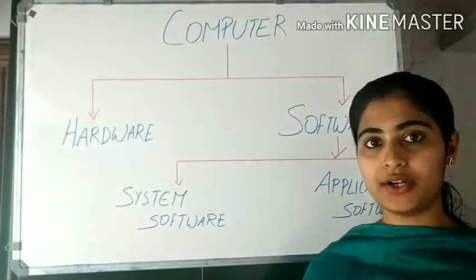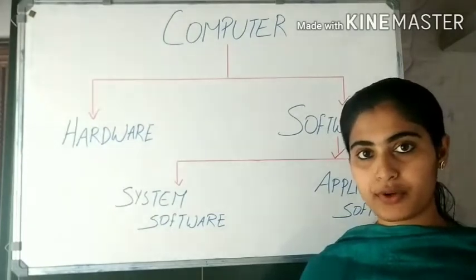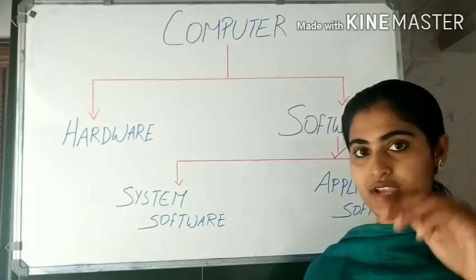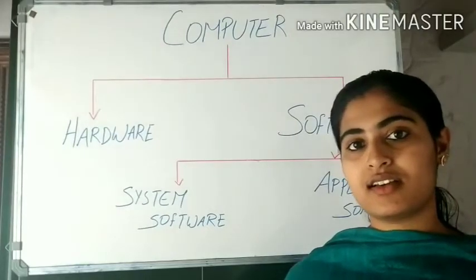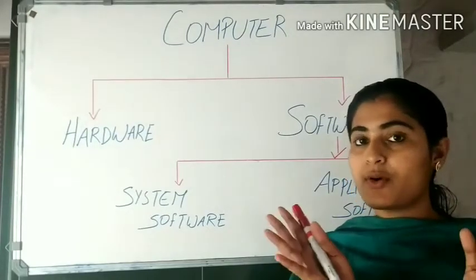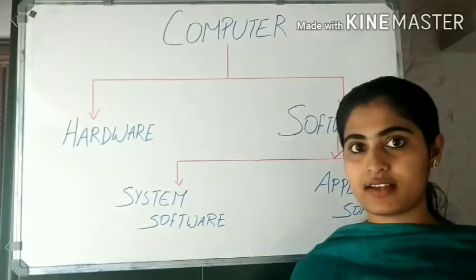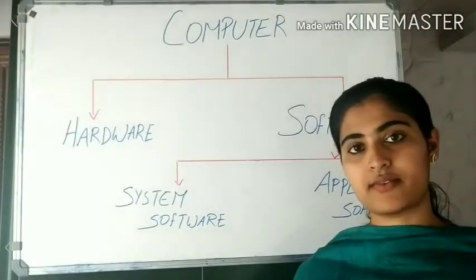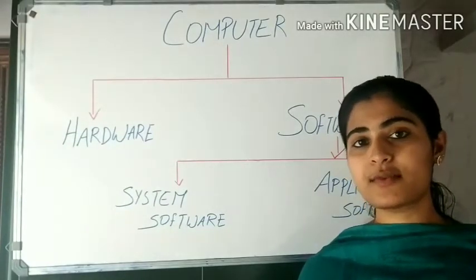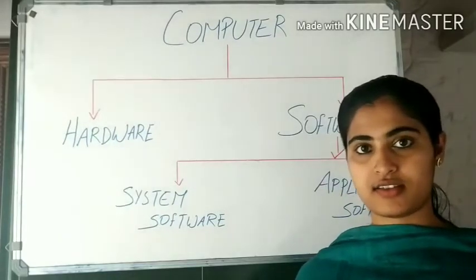What do you mean by hardware? Hardware are parts of computer that we can touch and see. What do you mean by that? Our human body has got some parts like hands, legs, eyes, ears, nose, mouth, etc. And these are parts of the body that we can touch and see with our eyes.